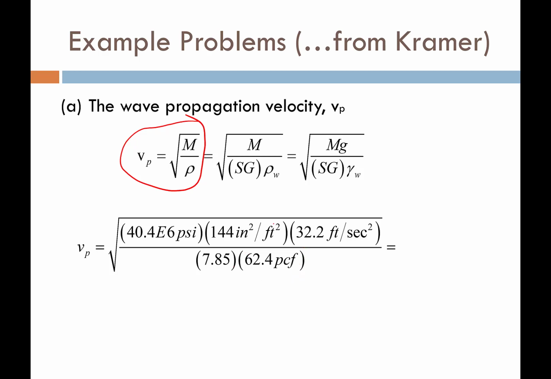And I know the constrained modulus of my steel. It's 40.4 times 10 to the 6 pounds per square inch. But I need unit compatibility, so I need to convert from square inches to feet squared. So I do all these unit conversions, and I solve the problem, and I come out with a P wave velocity of 19,556 feet per second.